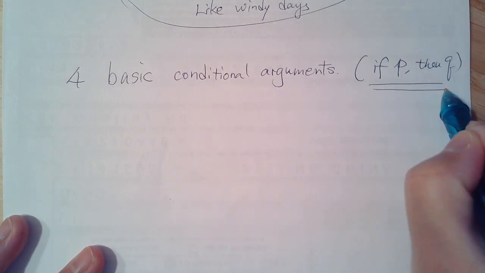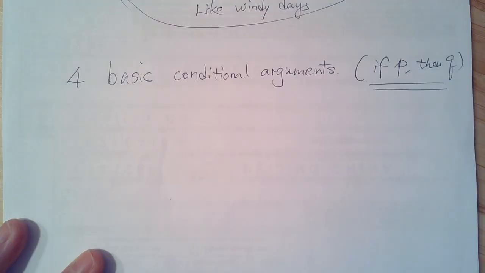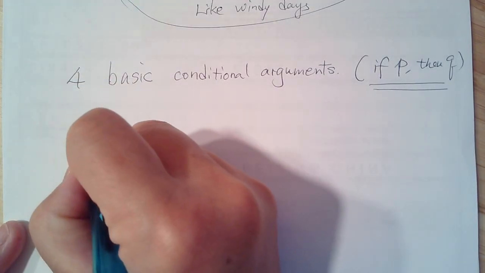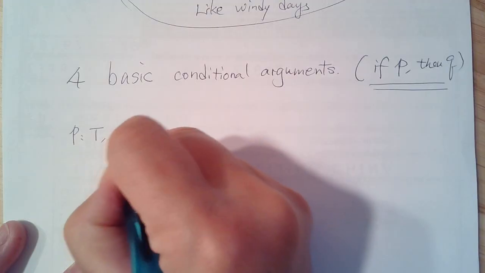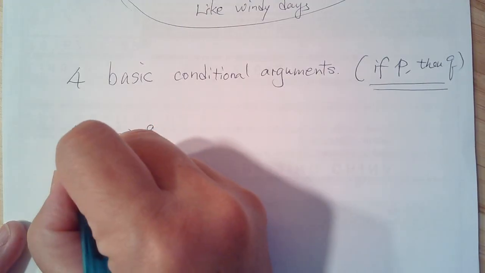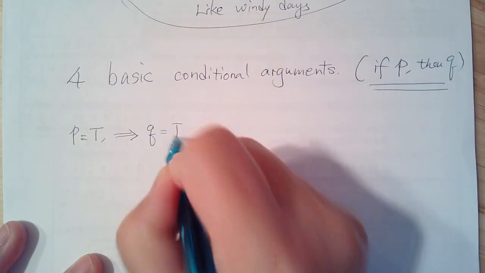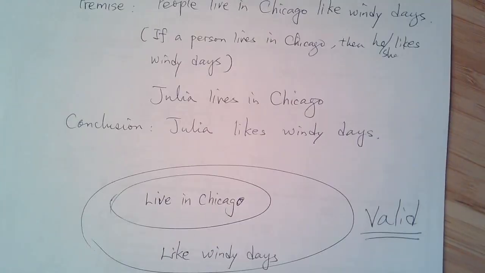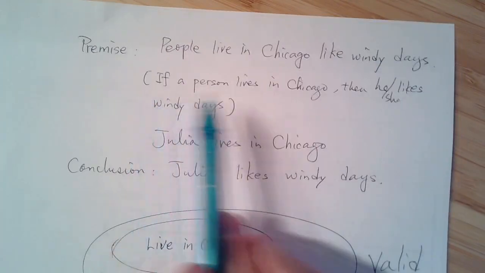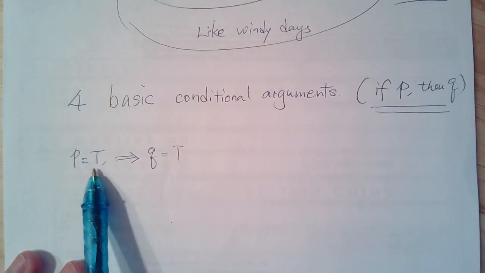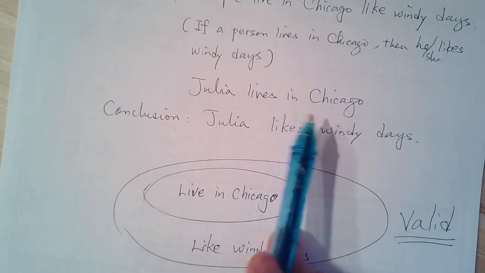Given if P, then Q. Now, P is true. Therefore, Q. P is true, therefore Q is true. If someone lives in Chicago, then he or she loves windy days. If P is true, Julia lives in Chicago.